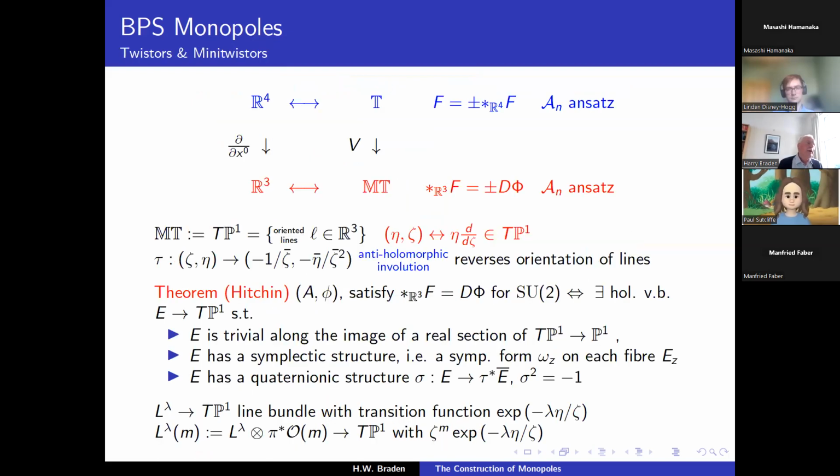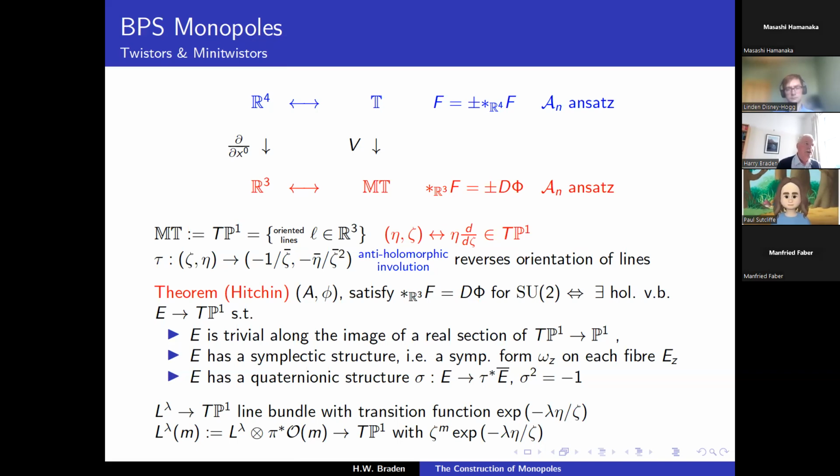Now, the connection with twistor theory and mini-twistor theory goes as follows. Ward told us how to write down the solutions of the self-duality equations in terms of holomorphic vector bundles on the twistor space for 4 dimensions, and that's what constitutes the Ward correspondence.